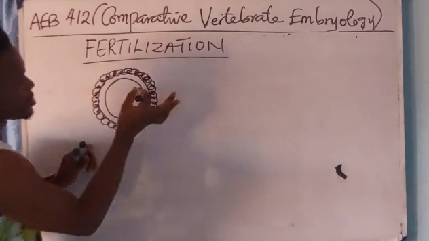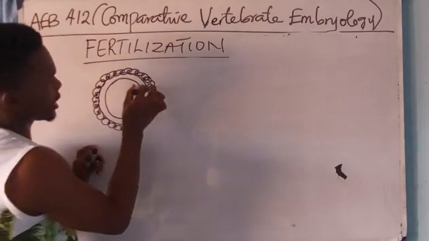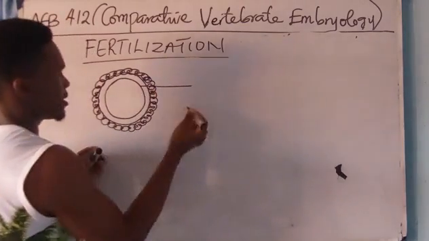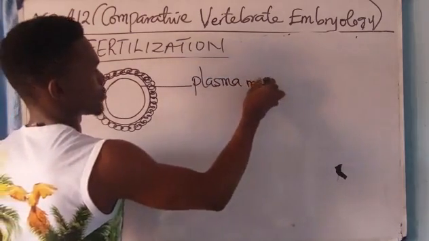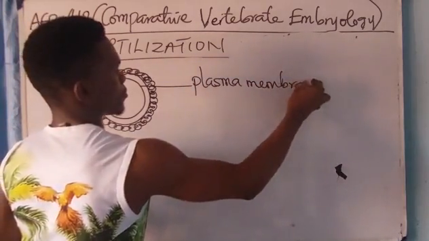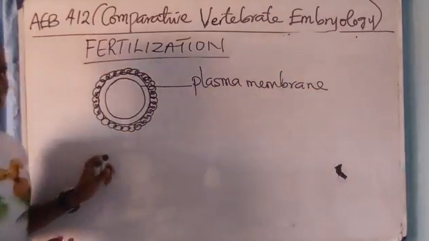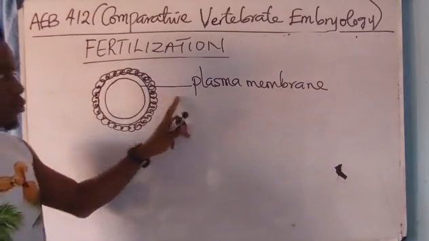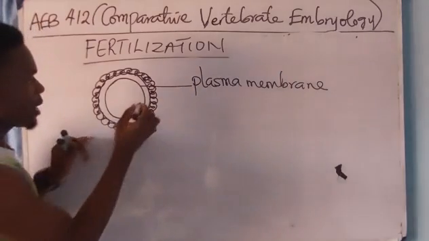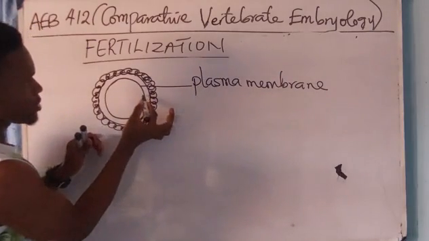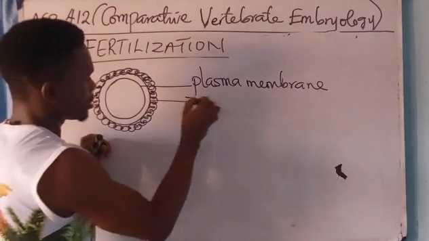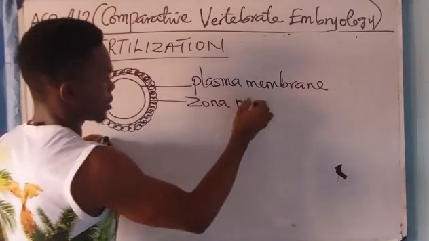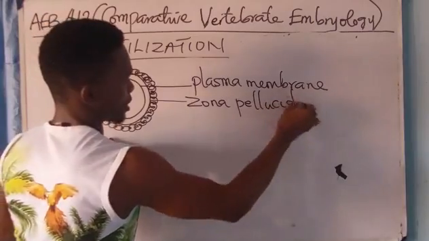Now this inner layer is definitely the plasma membrane. Alright, this inner layer is called what? The plasma membrane. The other one close to it is called the zona pellucida.